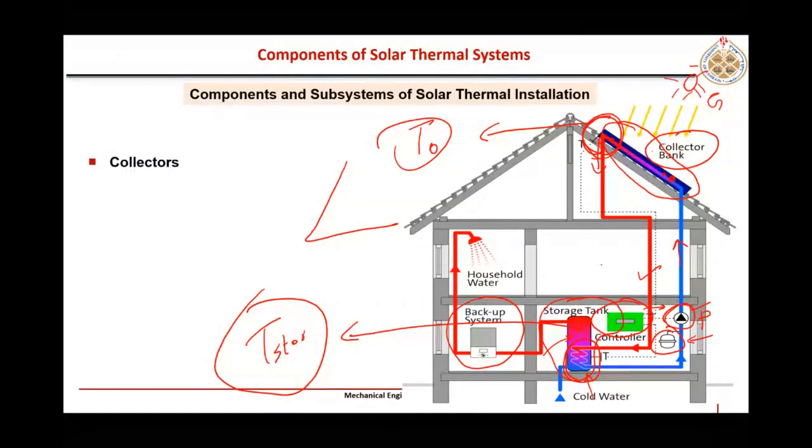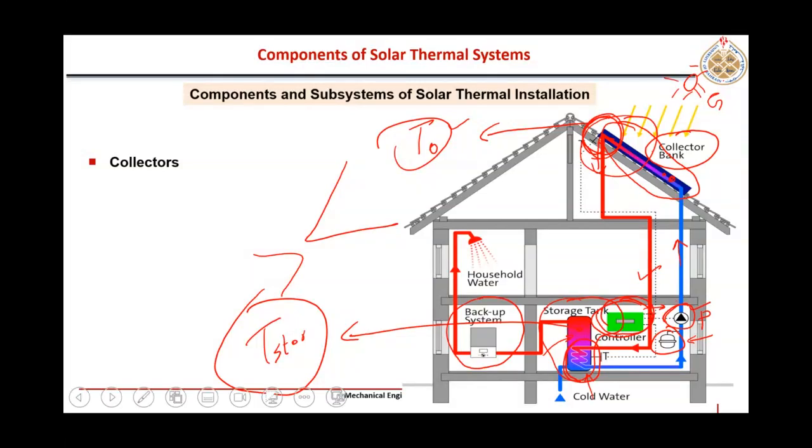If during night time or when there is no solar radiation this temperature T_O is equal to or even less than T_storage, then the pump should not be running. That's why, to control this function, there must be a controller also.